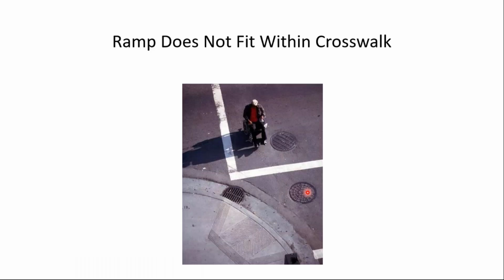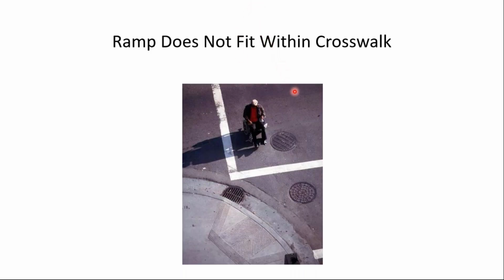We talked about the diagonal ramps, and I mentioned that they're not acceptable in new construction. And one reason is that, notice, to get to that single diagonal ramp, this individual has to leave the protection of the crosswalk. He's out of the crosswalk, and think about it, his back is to traffic.